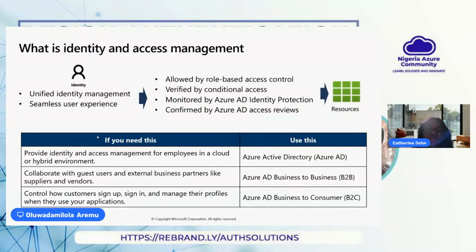Then when you need to control how users sign in to your services, for example, let's say you work with Jumia, and you want to know how a Jumia customer accesses your website, this is where you need to use business to customer. Business to customer gives you a platform whereby the customer can use their own authentication method to access your website.